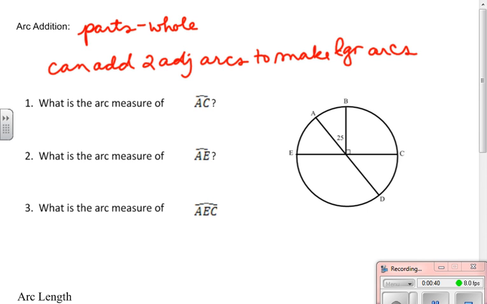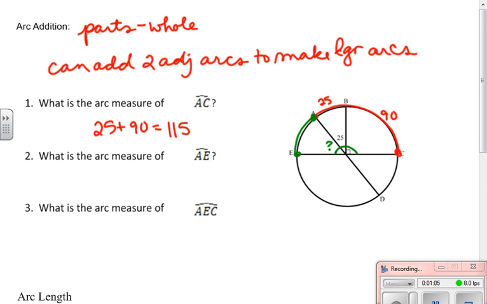So we talk about the arc measure of A to C. We have 25 A to B, and B to C is 90. And so if we have 25 plus 90, we end up at 115. If we want to calculate the measure of A to E, initially it doesn't look like we have enough information.